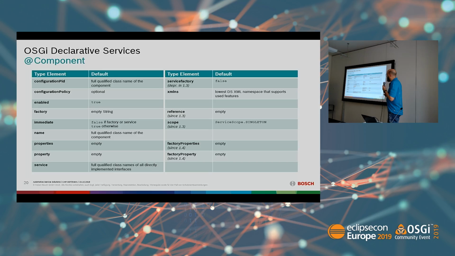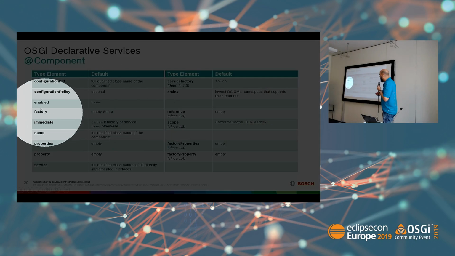Back to add component. I have mentioned here all the properties that you can add to add component, and I mentioned the default values. Just for reference, I don't want to go through everything.